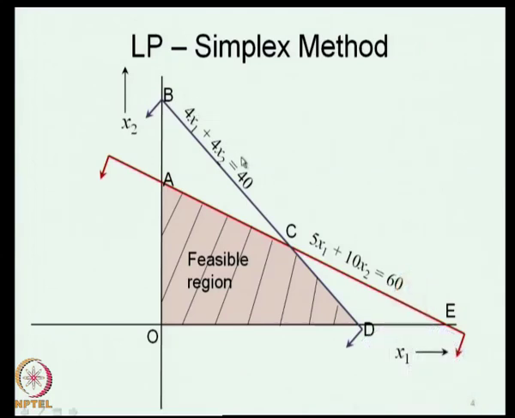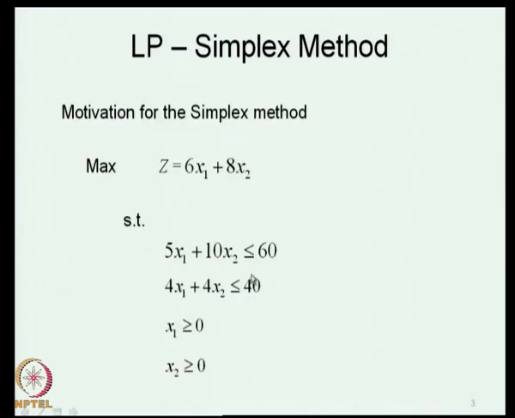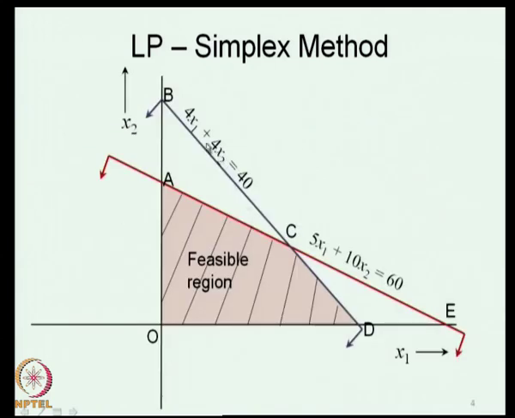4 x1 plus 4 x2 equal to 40 corresponds to this constraint. This line gives you the upper bound of the constraint 4 x1 plus 4 x2 less than or equal to 40, and we are looking to the left of this. So, this is the region given by the constraint 4 x1 plus 4 x2 less than or equal to 40.